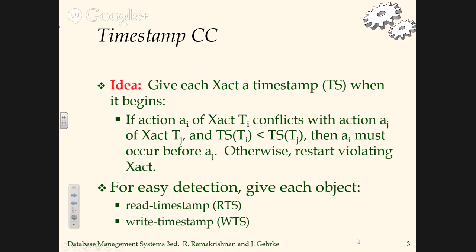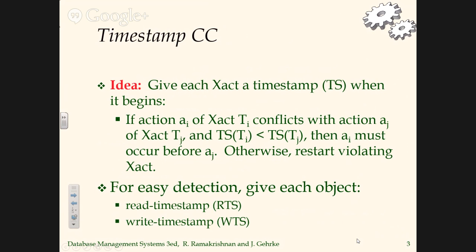Now, the main idea of timestamp concurrency control is to give each transaction a timestamp when it begins. This could be a number that is simply incrementing, or it could be the time when it starts. It's important that they have unique timestamps, because you want to use them to detect conflicts.